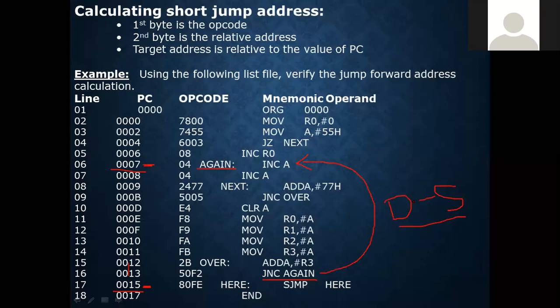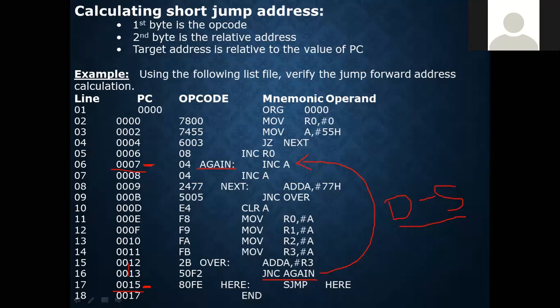So here also we will take the difference between the destination and source, but here the destination is lower than the source, and in a hexadecimal number you cannot make the machine understand what is negative. The machine will understand only 0 and 1, no sign. In an 8-bit number, whenever the most significant bit is 1, the number is negative, and whenever the most significant bit is 0, the number is positive.